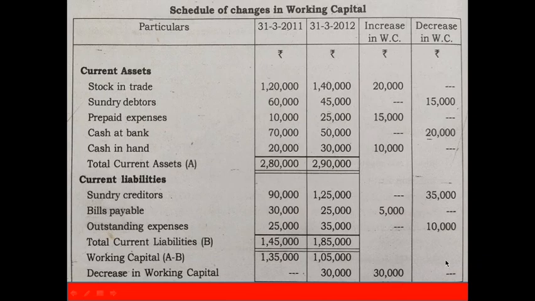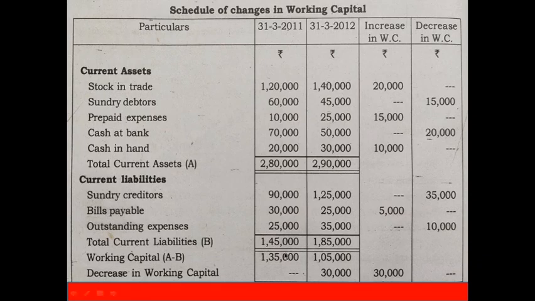And regarding how you got this 30,000: if you take the difference of these two columns, you can see that this side will be larger and this side will be smaller. So here also you need to put the balance amount in the column where the total amount is smaller. This is how you need to prepare a schedule of changes in working capital.